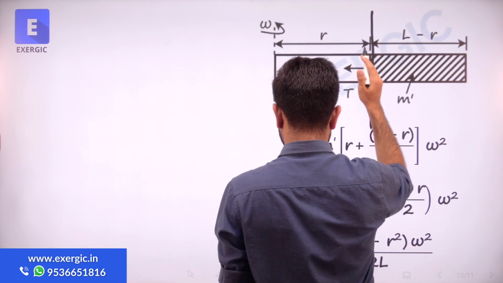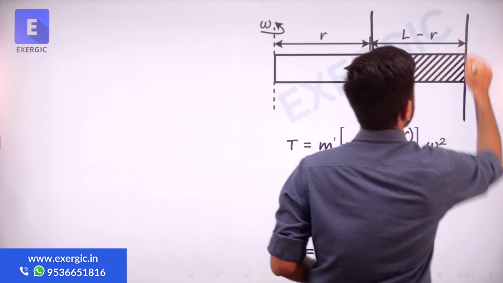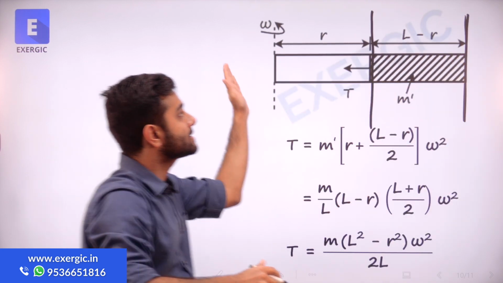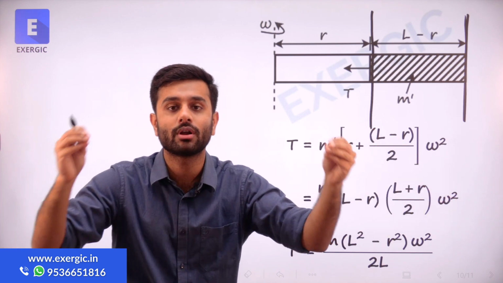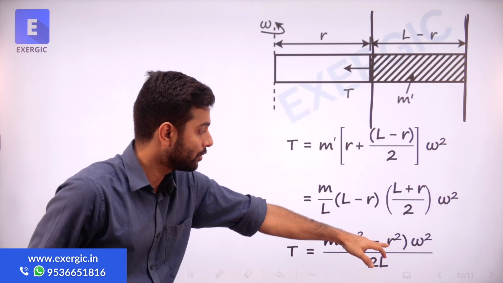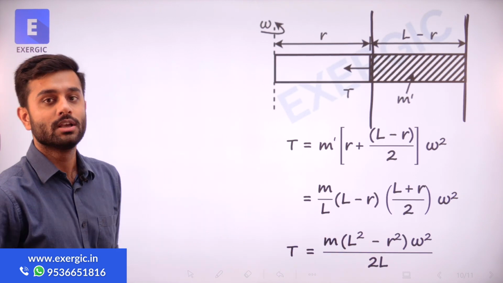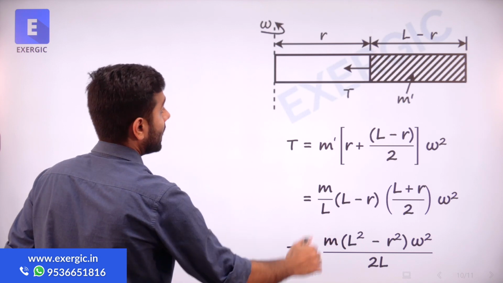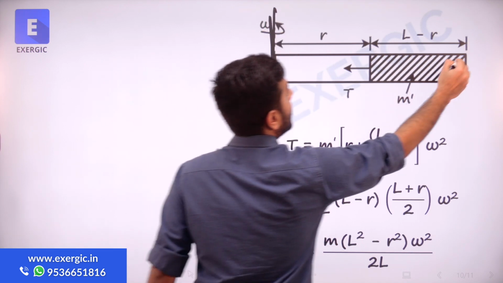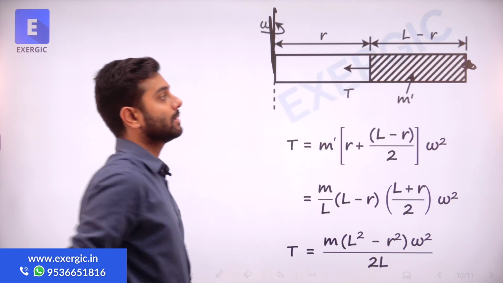But when you push this section to the right side, the entire mass is between the center and the section. There is no mass beyond the section, so centrifugal force is 0. You will put r equal to L here, and centrifugal force will become 0. So clearly centrifugal force is highest here at the center, and here it becomes 0 due to the mass.